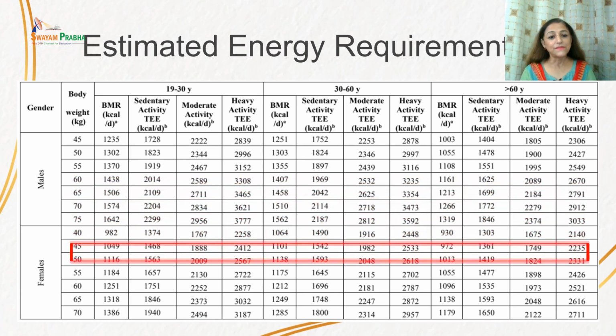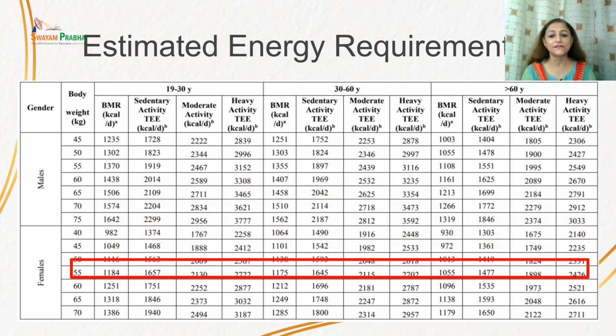And the same is the case with females. As we can compare, these are similar findings that BMR goes down, so that is why the energy recommendations say that the energy needs are also lowered as age advances.